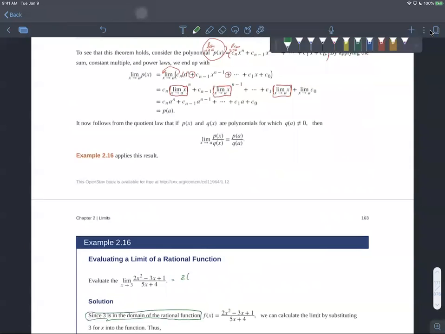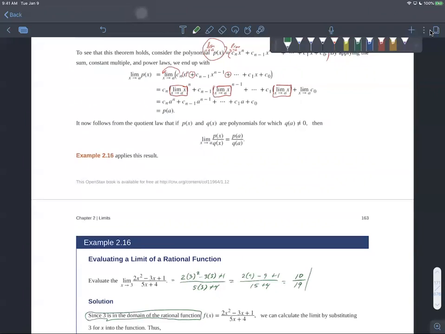So 2 times 3 squared minus 3 times 3 plus 1 over 5 times 3 plus 4. This is equal to 2 times 9 minus 9 plus 1 over 15 plus 4. And this looks like it's going to be 9 plus 1 over 19.